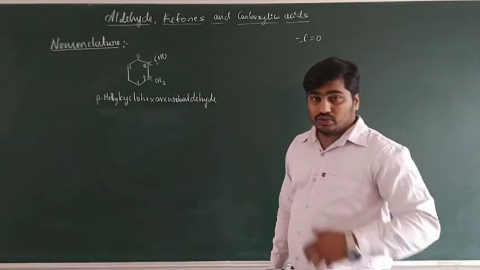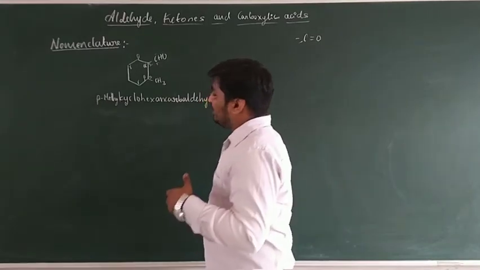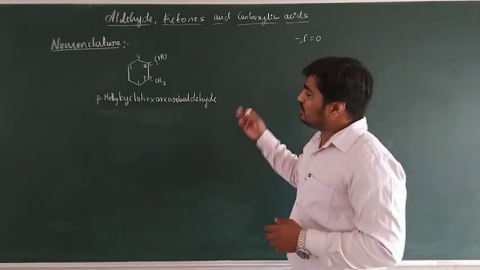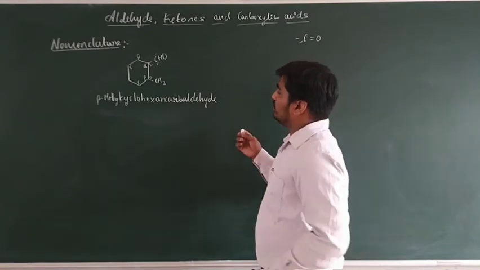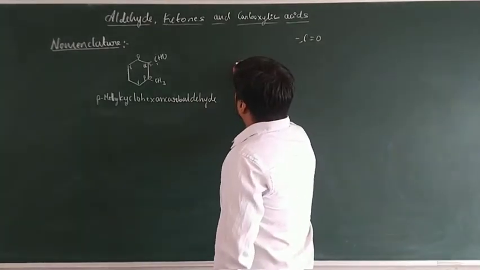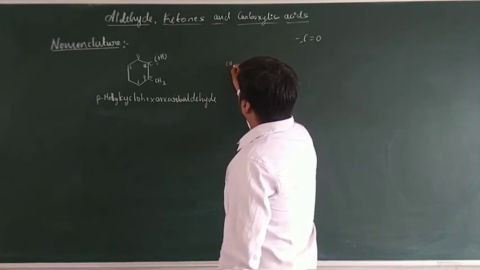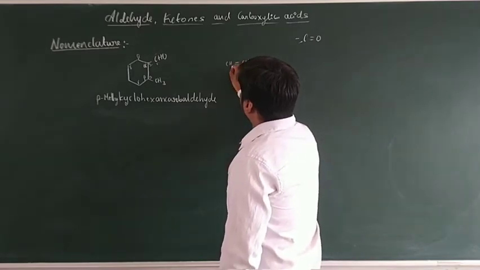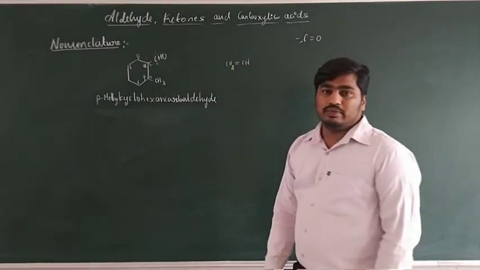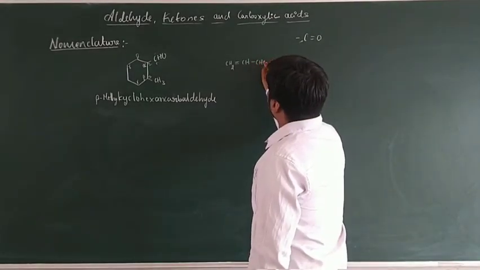I would like to take ketones in the next part, and continue the naming system for aldehydes. I consider other examples. Suppose the example is CH2=CH-CHO.